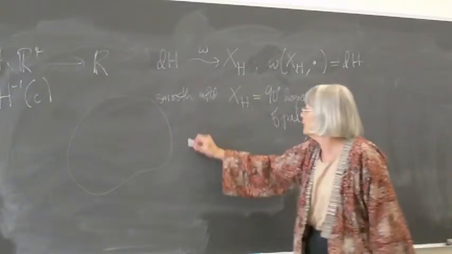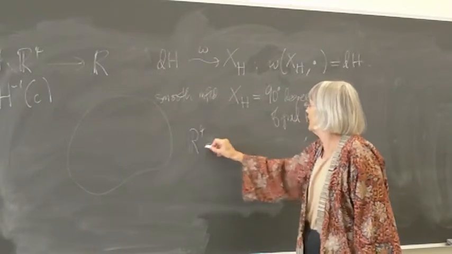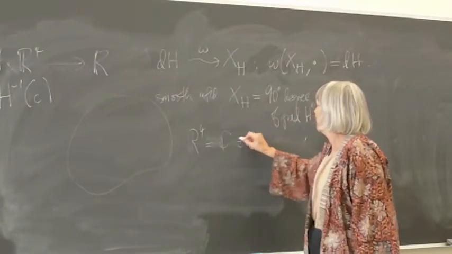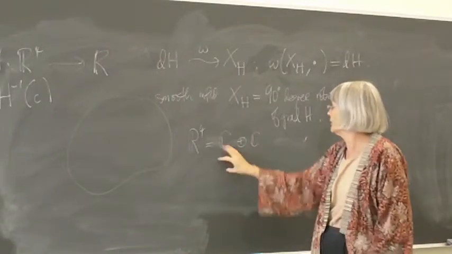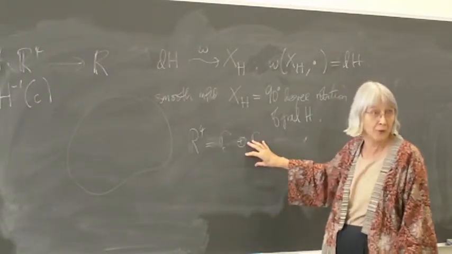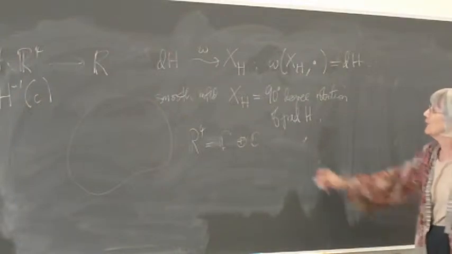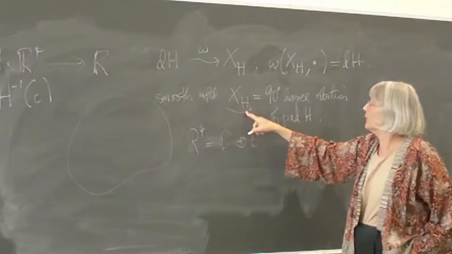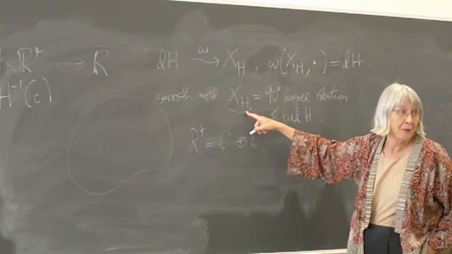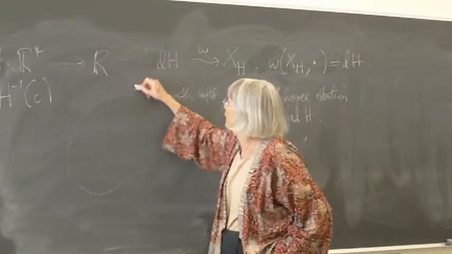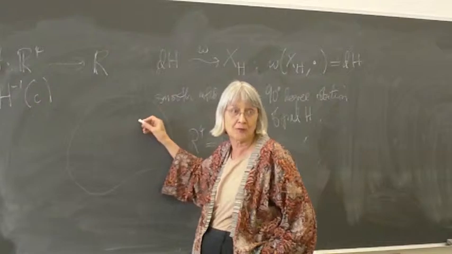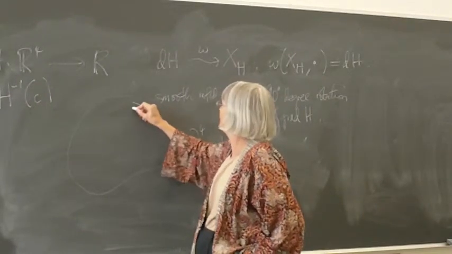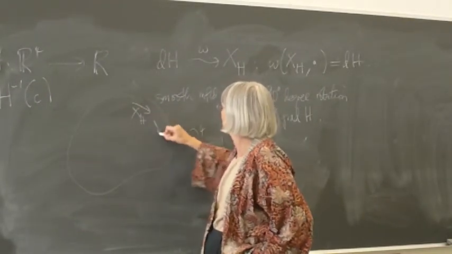You think of R4 as being two copies of C, and then you just multiply by i, so you rotate by half a turn in this coordinate and half a turn in that coordinate. And so you get this which is orthogonal to the standard gradient. And because the standard gradient points orthogonally out of the level surfaces, this is tangent to the level surface. And so you get this vector field on your surface.